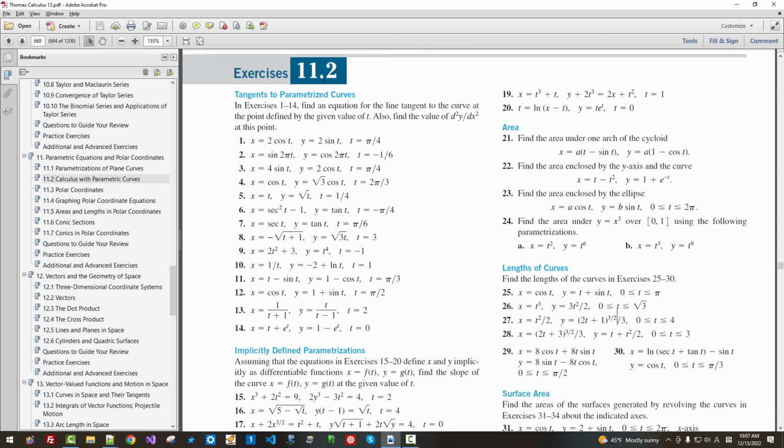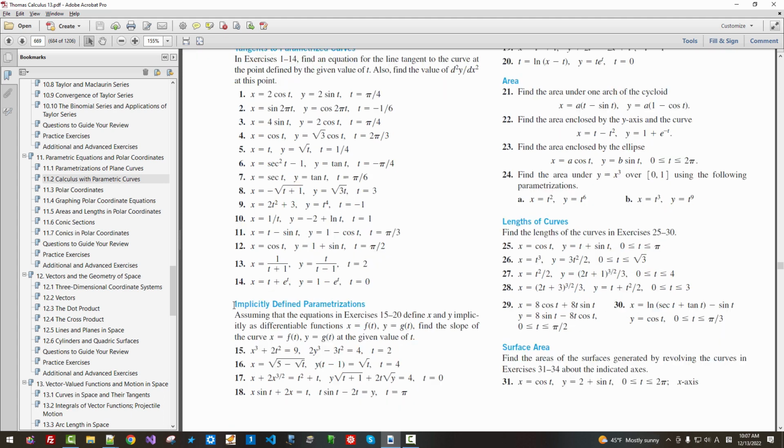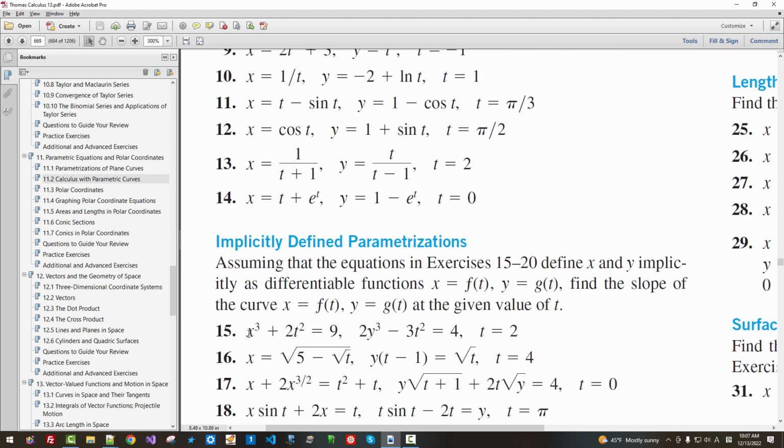In exercise 11.2, implicitly defined parameterization, I tried problem 15. So, we are given two equations. This equation contains variables x and t.